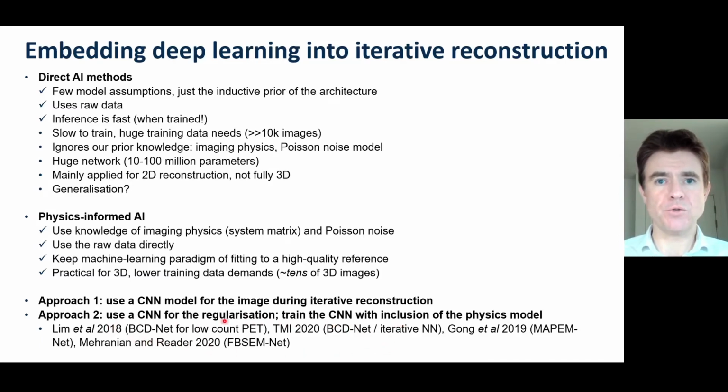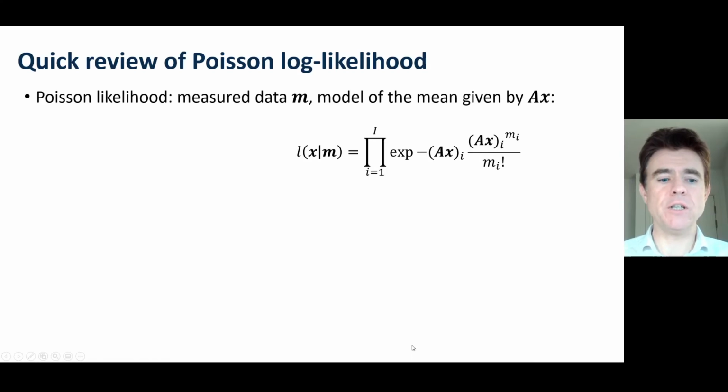Here are some examples of the methods, and I'll be focusing here on the FBSEM net example, but going over a general framework which largely captures what is going on when we embed deep learning as the regularizer in iterative reconstruction.